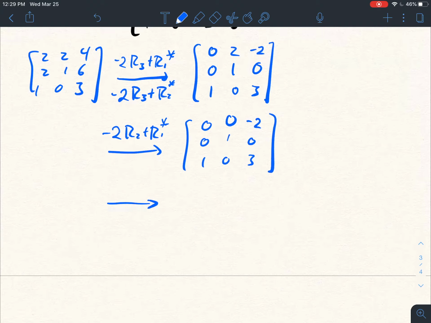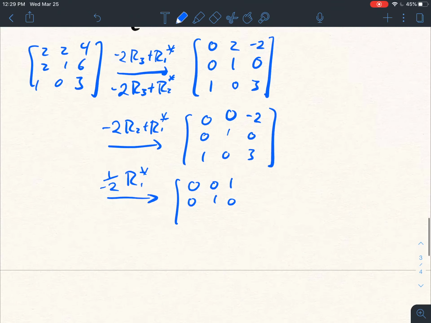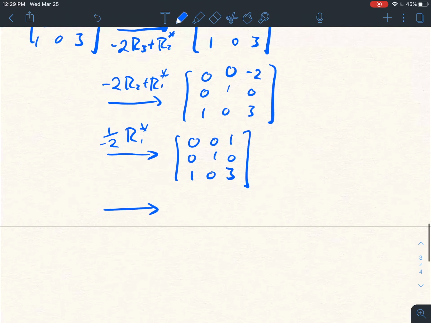Now I will multiply row 1 times -1/2. I get 0, 0, 1. That should be a 3. And then I will add -3 row 1, add it to row 3.